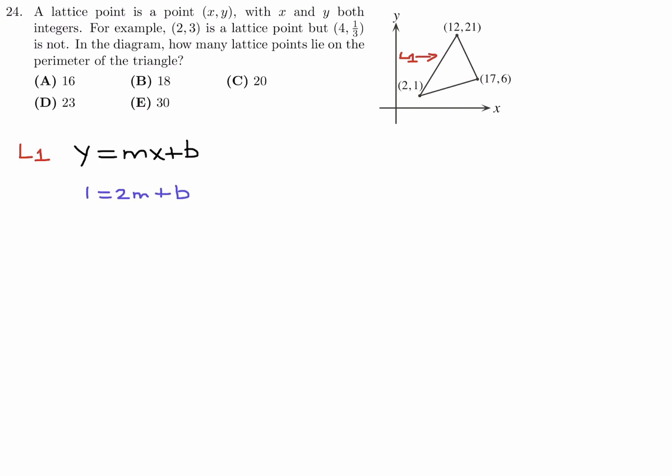And 12 and 21, so 21 is equal to 12m plus b. Subtracting, I get 10m is equal to 20, and therefore m is equal to 2. Substitute back into any of these, and you will get b is equal to minus 3. So the equation for L1 is y equals 2x minus 3.